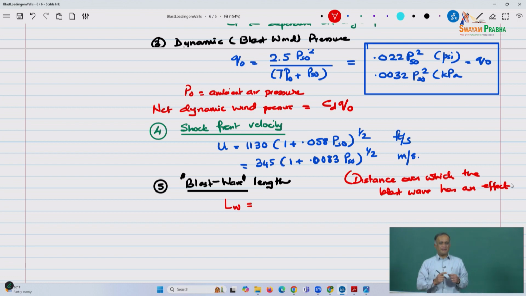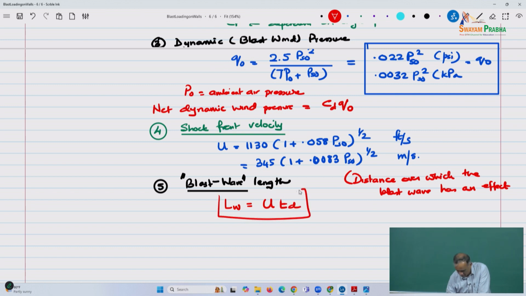And which is why if you see the length of the building, of course you won't have a match; blast wavelengths can be fairly high, in the hundreds of feet. If you have a building that is 100 feet, then the whole effect tends to come down if you are averaging basically. So, this is U multiplied by the TD.